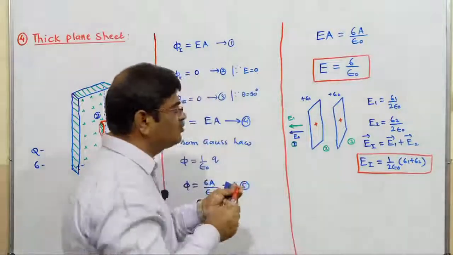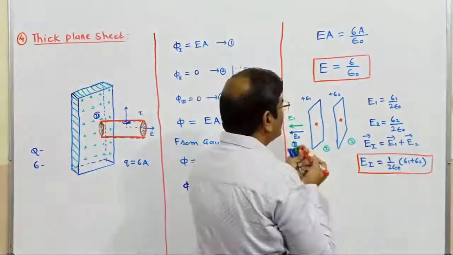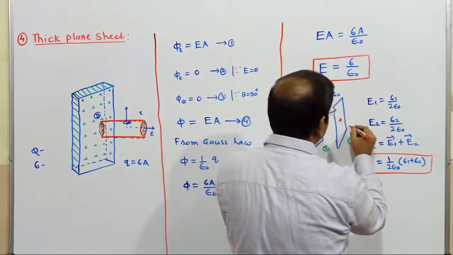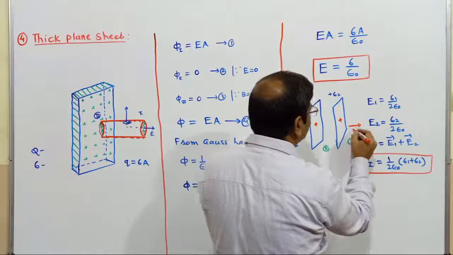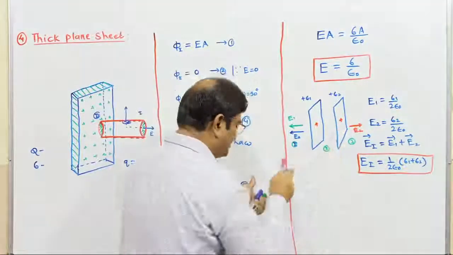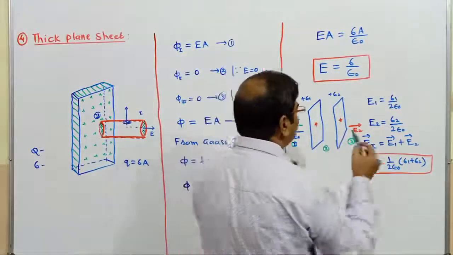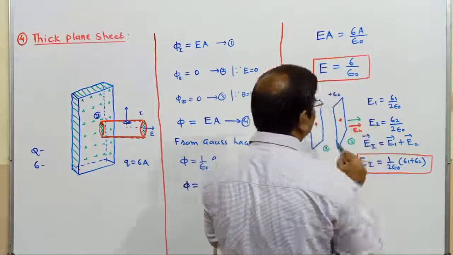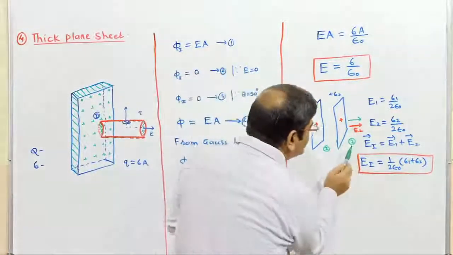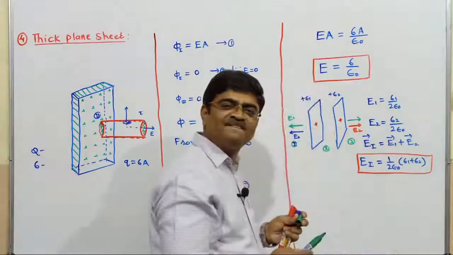Similarly, if I ask you to do the other side, again I have intensity contributed by this as E2. Notice, by this plate, intensity contributed by this plate. Forget about this. You will have E1. Resultant electric intensity at the third place, E1 plus E2.